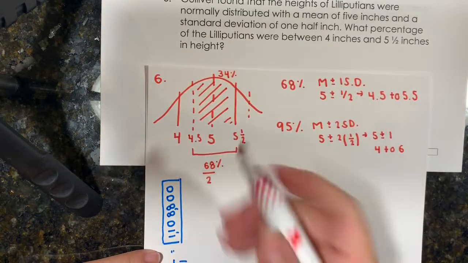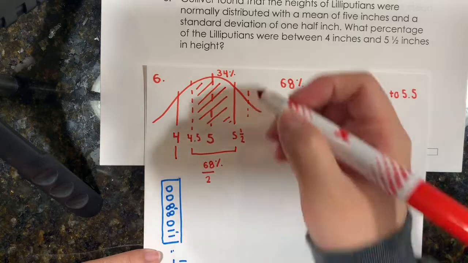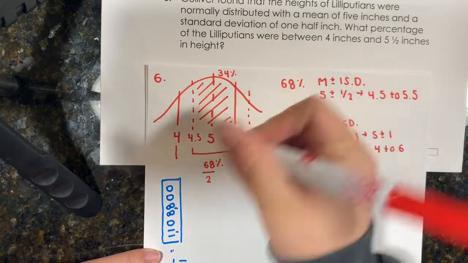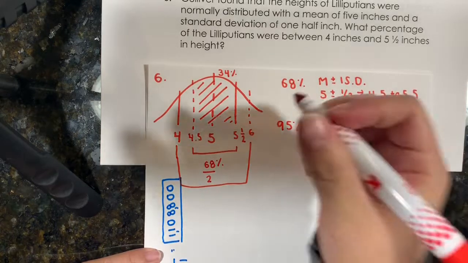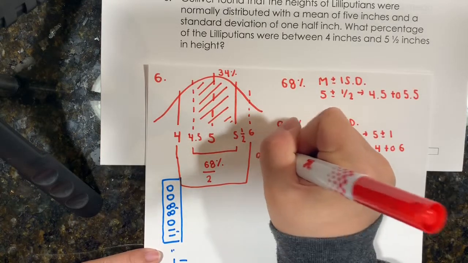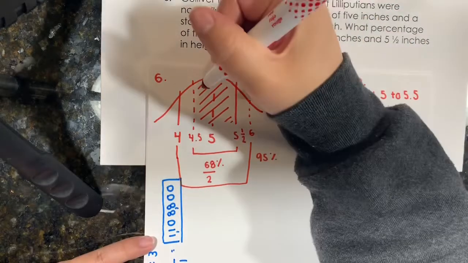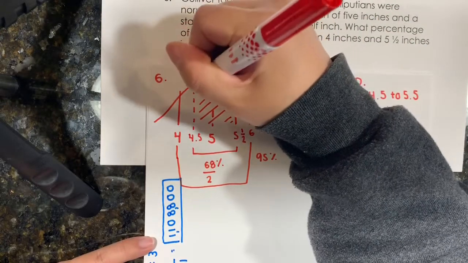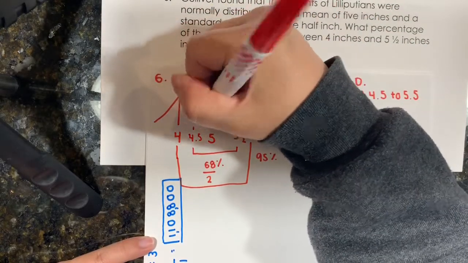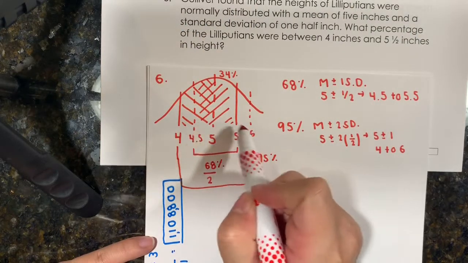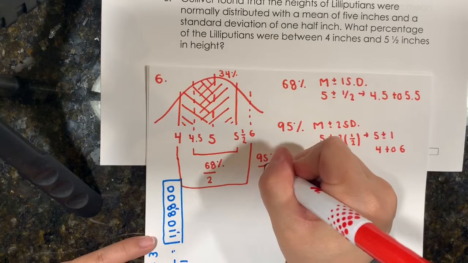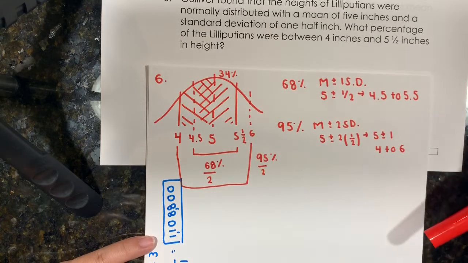So the percentage from 4 to 6 is 95%, but I only want to know the percentage from 5 to 4, so only half of that. So see how that would be half. So half of this would be, I think it's 47.5.